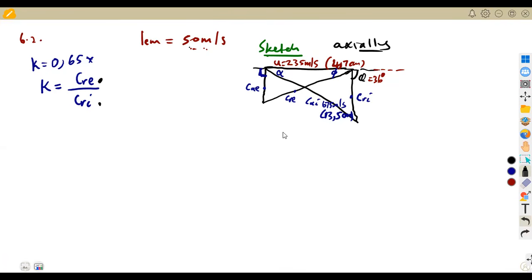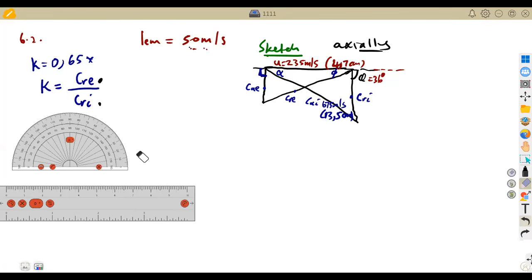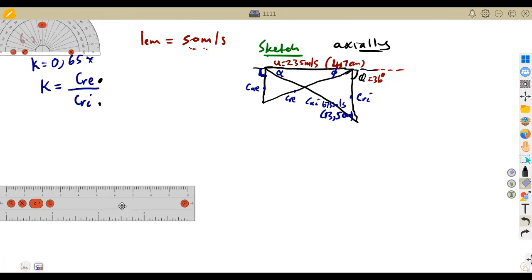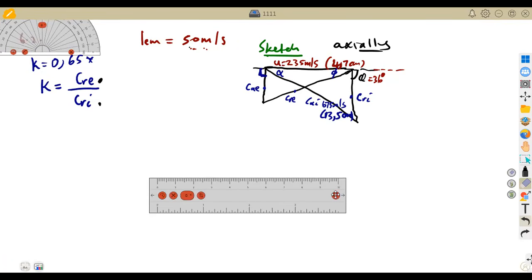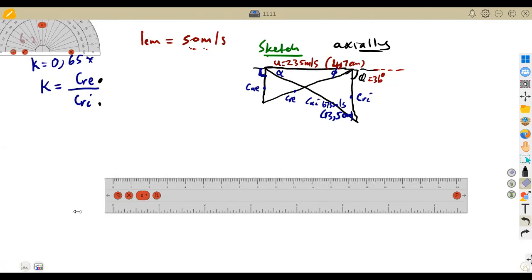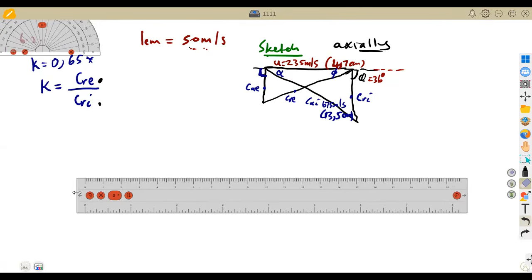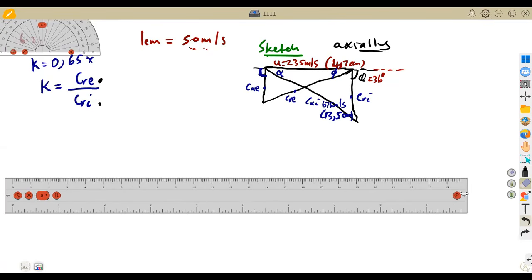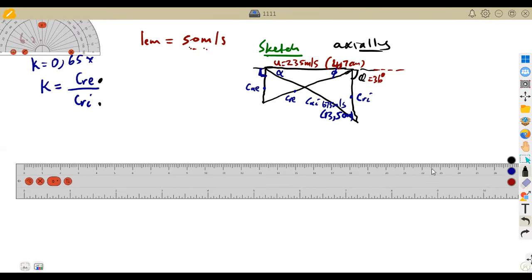Let us do our construction. We are going to need the ruler and our protractor. Let us just keep this one aside. From our sketch, we are now going to have the actual diagram. We are going to extend a little bit here so that we draw our reference line, where we are going to have everything that we need.